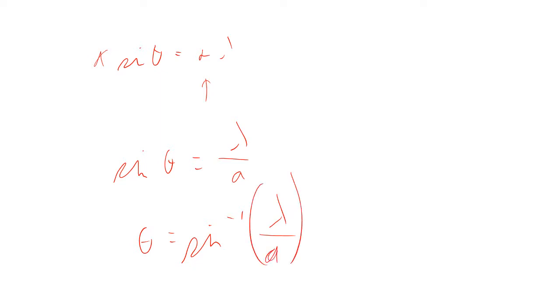So sine theta is going to be lambda over A. So theta is going to be the inverse sine of lambda over A. So theta is the inverse sine of 400 nanometers divided by 1320 nanometers.